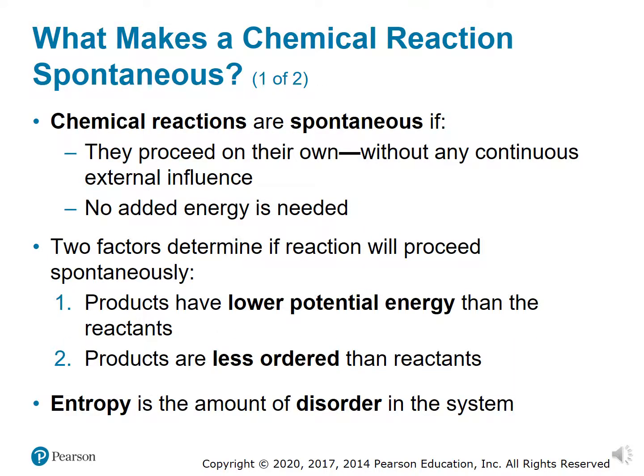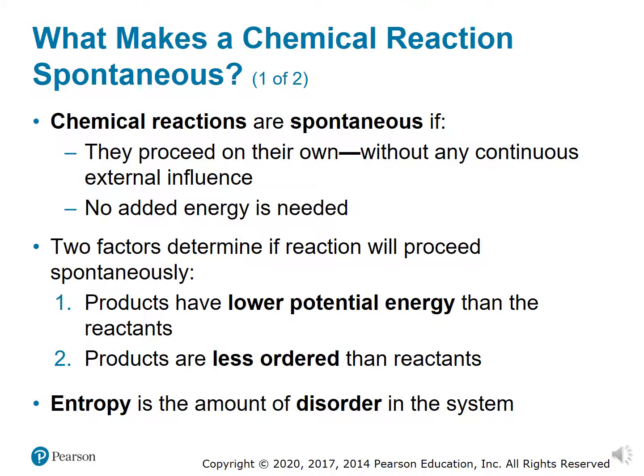Chemical reactions are spontaneous if they proceed without any continuous external influence. In other words, no added energy is needed. That means the products have lower potential energy than the reactants. The products are less ordered than the reactants. That means that there's greater entropy. So that's a new word. What is entropy?